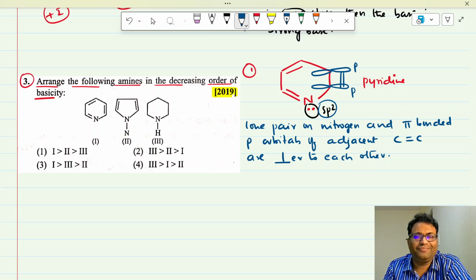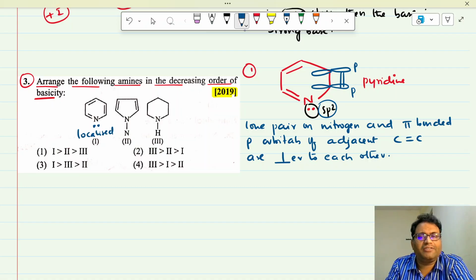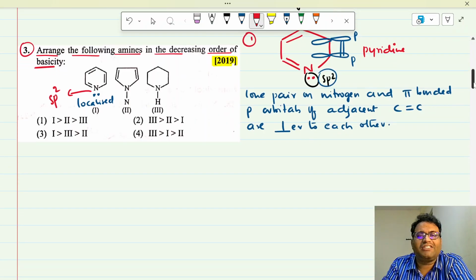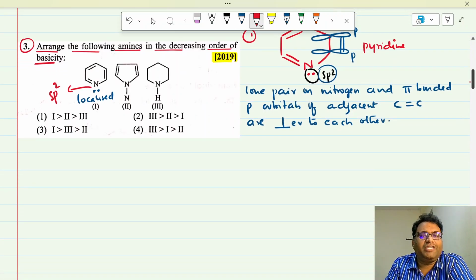No. So here the pair of electrons is localized. What is the hybridization of this nitrogen atom? sp2 hybridized. Okay, so this is one condition. As they are not delocalized, they are localized, availability is there.